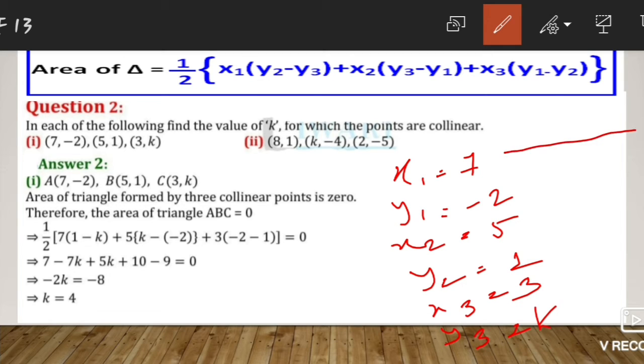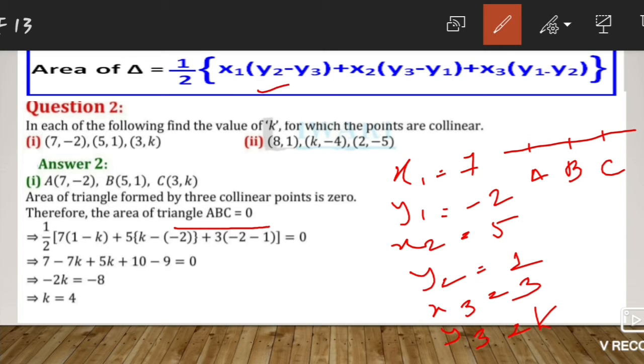Since they are collinear, they lie on a single line, and the area of the triangle formed by these 3 points will be equal to 0 because they are not forming any triangle.